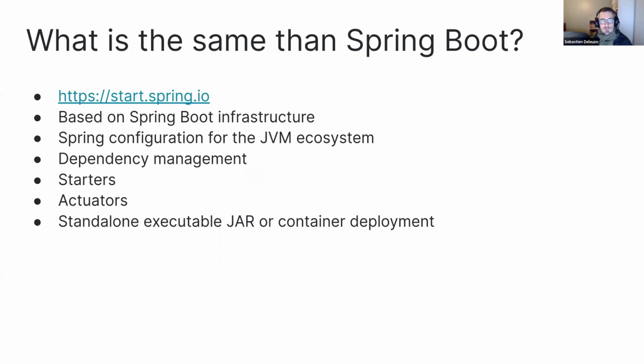What is the same as Spring Boot is that you still are using start.spring.io to generate your project. It's still based on the Spring Boot infrastructure. This is basically Spring configuring the JVM ecosystem like in Spring Boot. Dependency management, starters, actuators, and standalone executable jar or container deployment model. This is exactly the same as in Spring Boot.